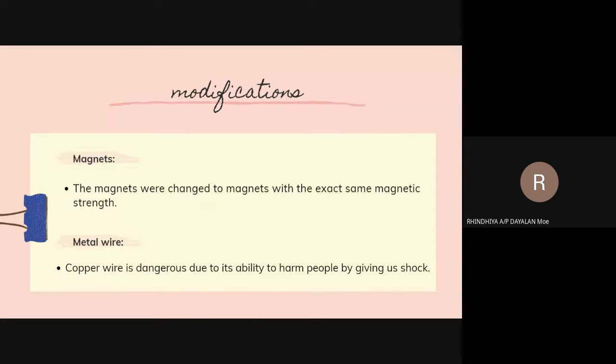And then the same thing happens. It touches the place where it cancels out, it repels, and then starts moving the other way around. That was my first modification. So I had to use the same type of magnets with the exact same magnetic strength.